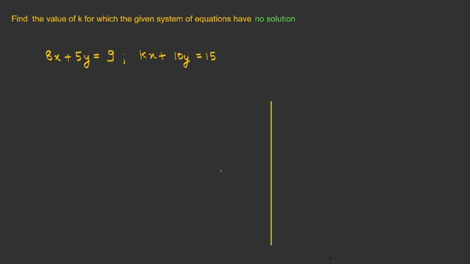So here you have 8x plus 5y equals 9 and kx plus 10y equals 15.